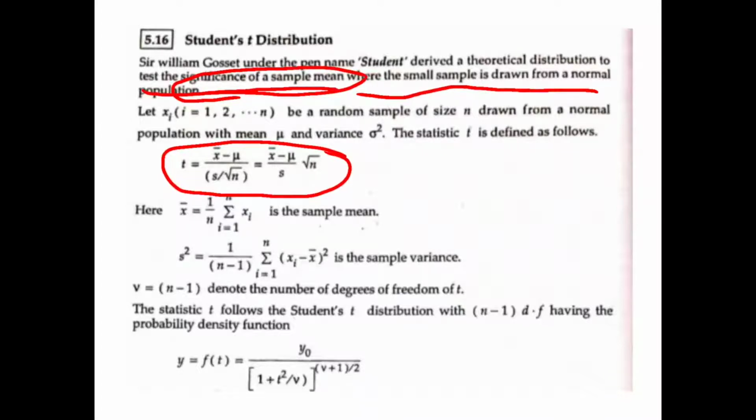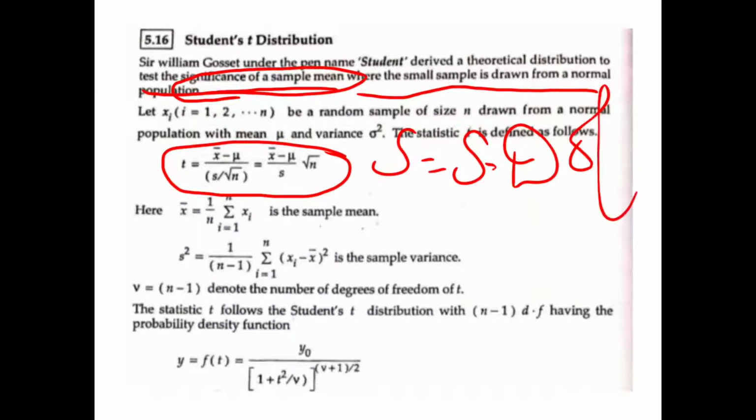What is s here? s is the standard deviation of the sample; s square is the variance. If you simplify this, the denominator goes to the numerator, so t equals x bar minus mu into root n divided by s. You should remember that here s stands for the standard deviation of the sample.